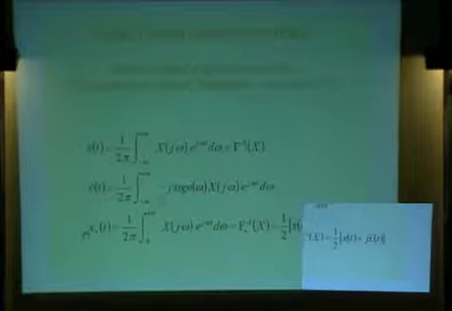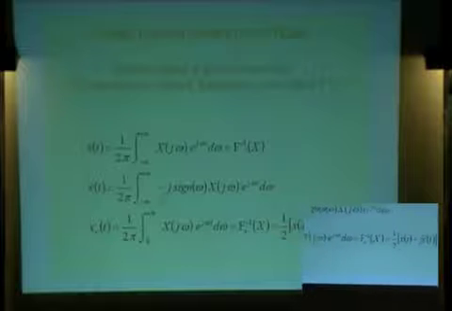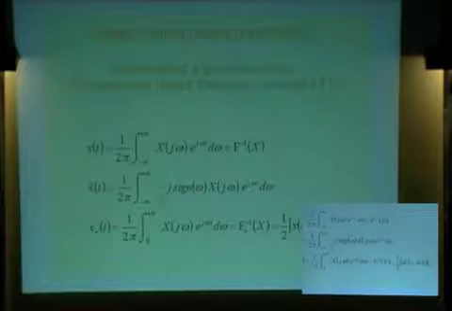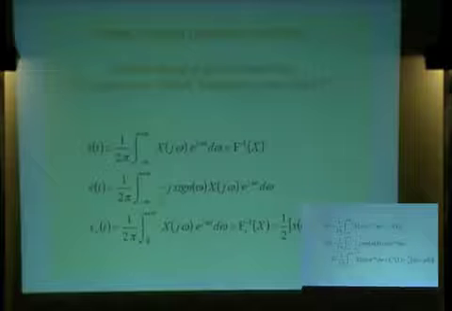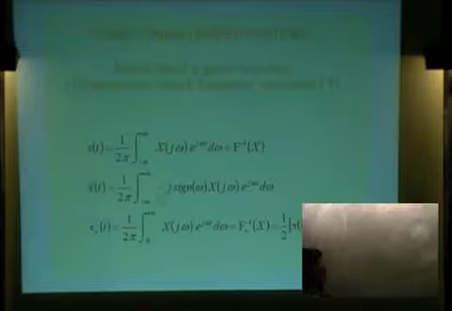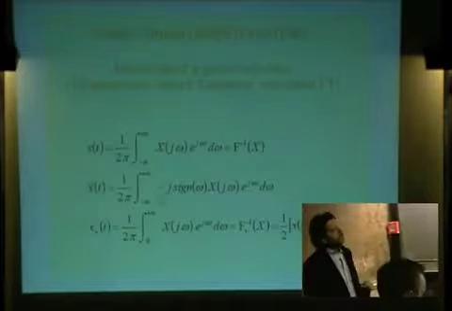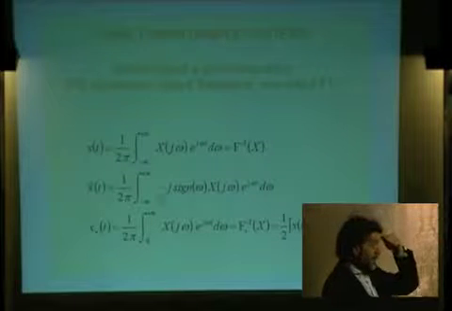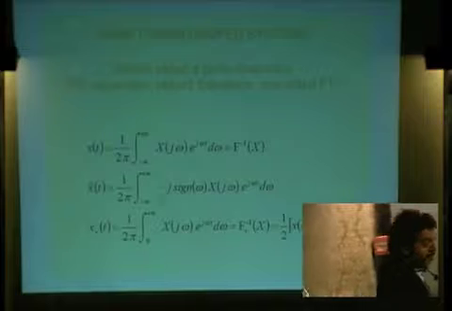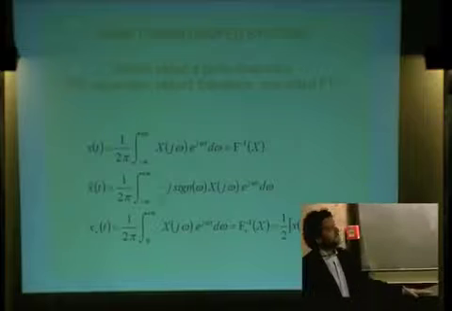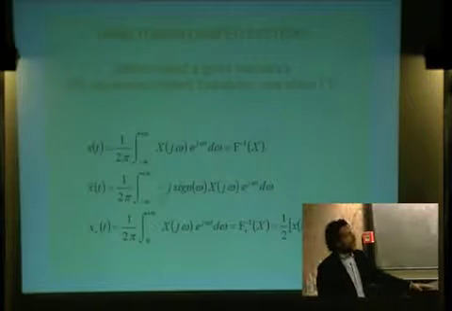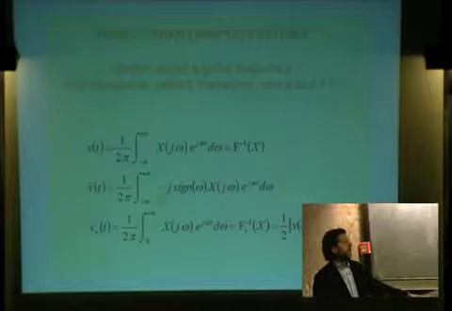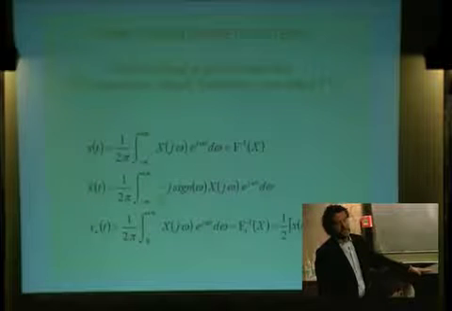Before doing this, we have just to recall a couple of definitions. The first is just the trivial definition of the inverse Fourier transform. But we need to introduce a couple of concepts. One is related to the Hilbert transform, and the second one is related to the so-called analytic signal, or the one-sided Fourier transform.